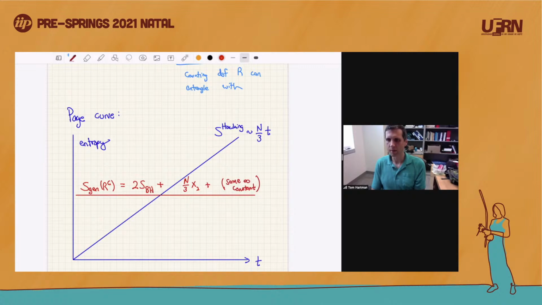I can come back and explain this formula in a bit more detail if you want, but let me just explain the basic picture of the Page curve now.